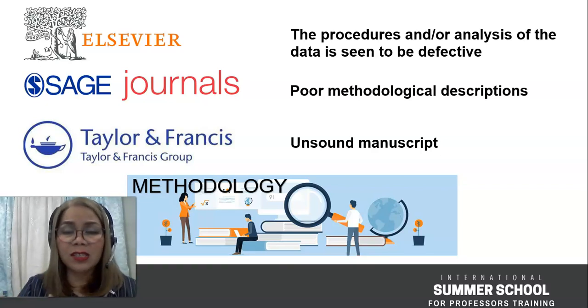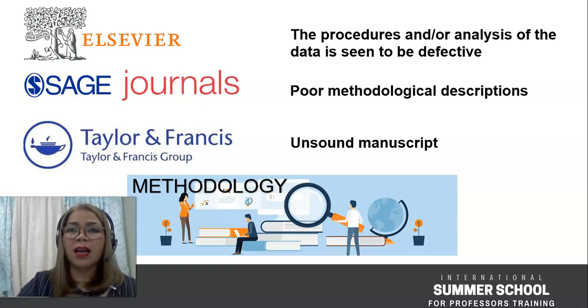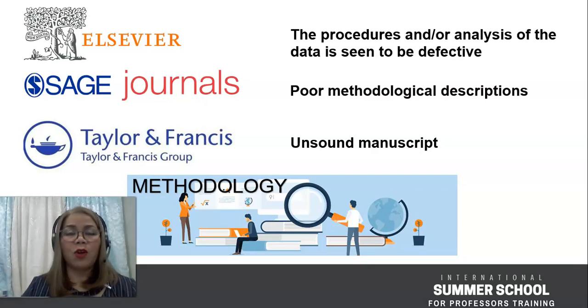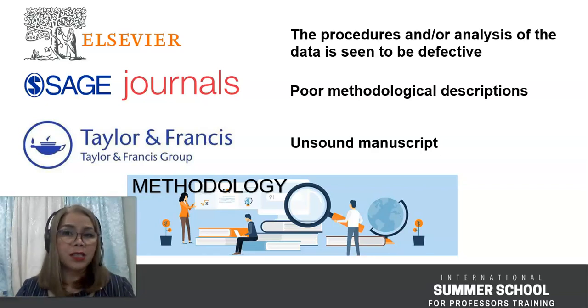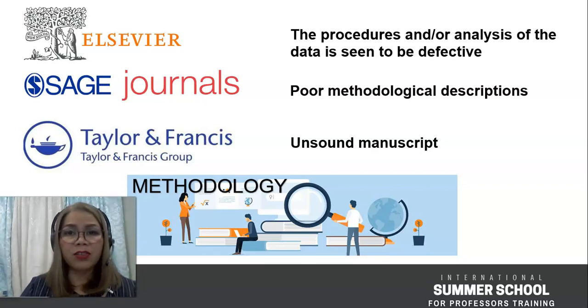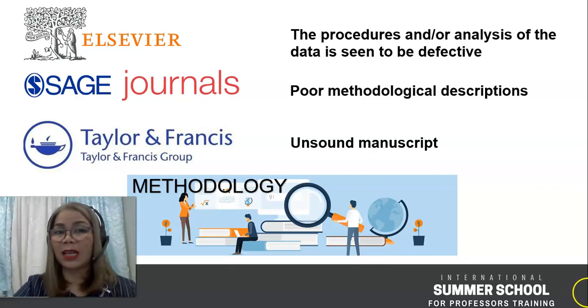It is where future researchers will base their work so that they can replicate our study. So if the methodology section of our study is faulty, then it is very likely that the editors of the journals that we want our papers published in will reject our paper outright. And we don't want that to happen.